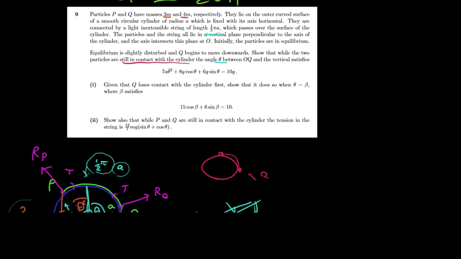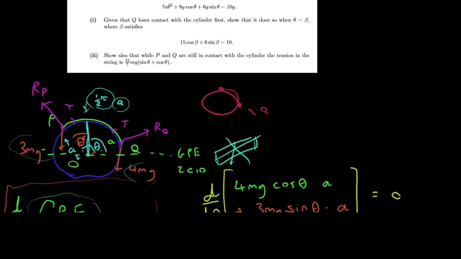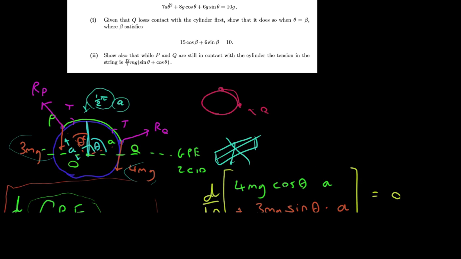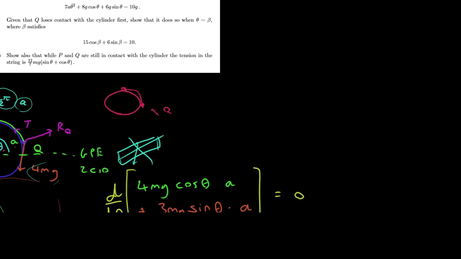Now, as the particles are moving, what's going to be happening? Well, they're going to have kinetic energy now. This system will have kinetic energy. What we can say is that the kinetic energy of the system plus the gravitational potential energy of the system has to be equal to a constant.